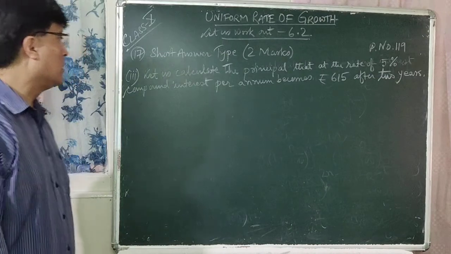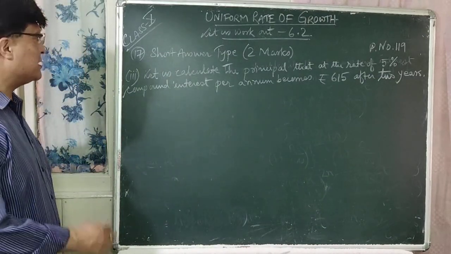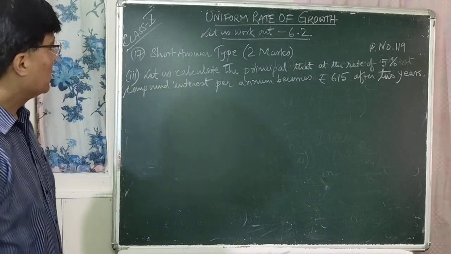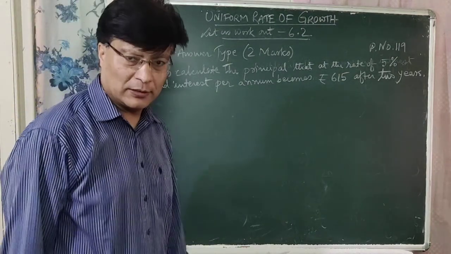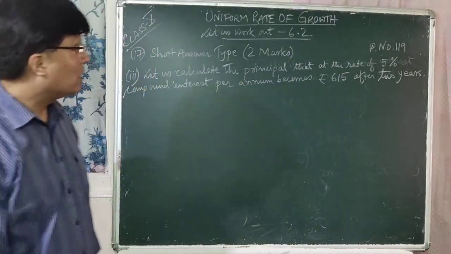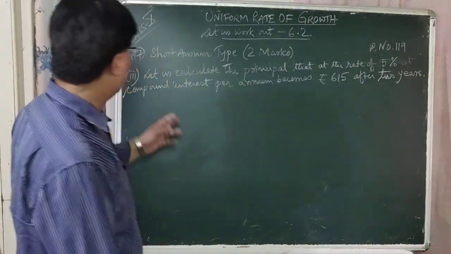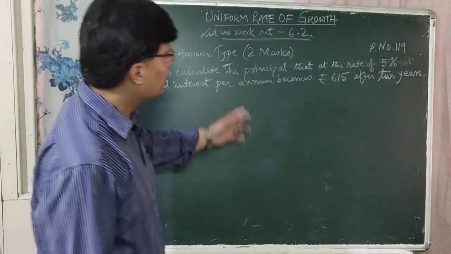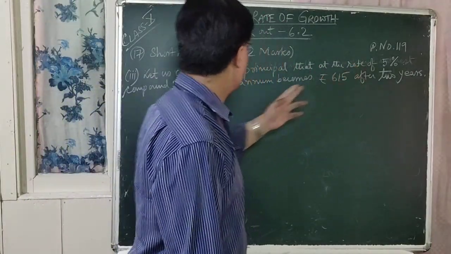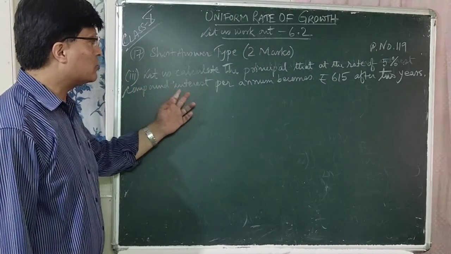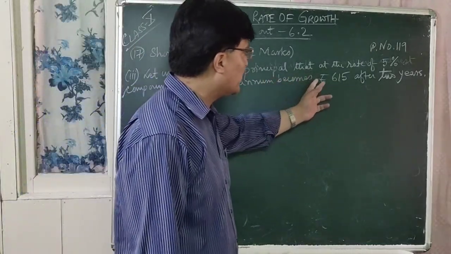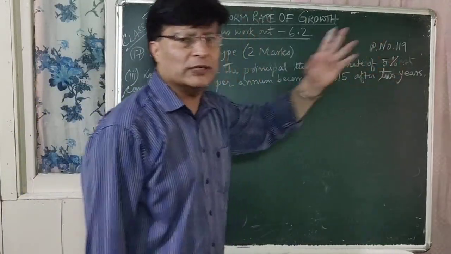Now, we will do the next question, that is 17 number 3. So let us calculate the principal. You have to find out the principal such that at the rate of 5% compound interest per annum, the compound interest becomes rupees 615 after 2 years.